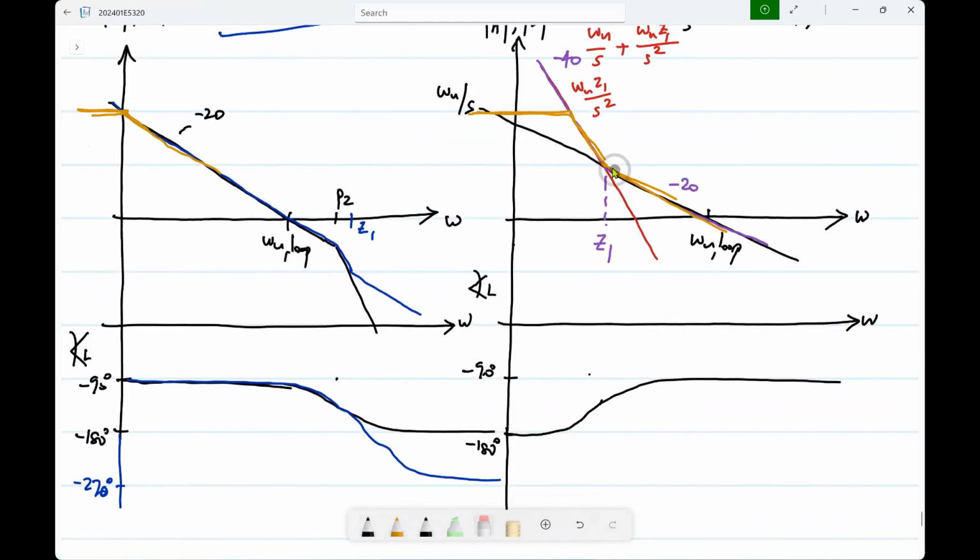What happens to this? Clearly, this zero becomes closer to the unity loop gain frequency. Sufficiently down, where it crosses unity, the slope will be minus 40 dB per decade. If you move this down sufficiently, that's what is going to happen. So stability is going to definitely get worse. That is for sure.